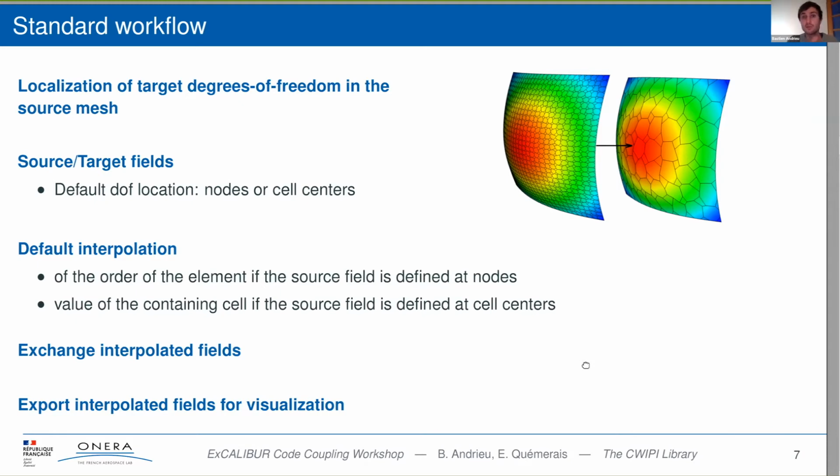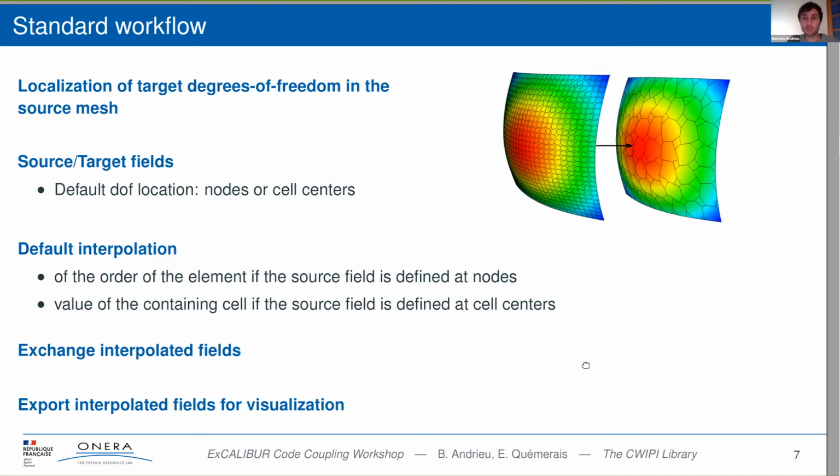So if the degrees of freedom are located at the nodes, then the default interpolation method is on the same order as the elements in which the points are located. And if the degrees of freedom are at cell centers for finite volume methods, for example, then the interpolation is simply a nearest neighbor interpolation.